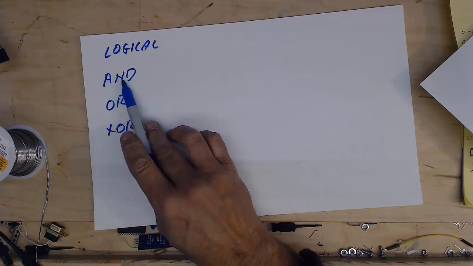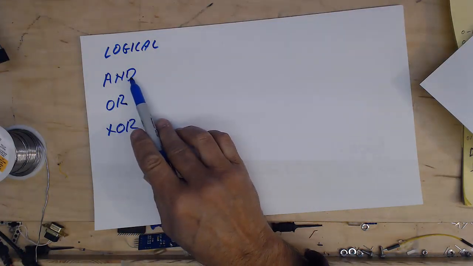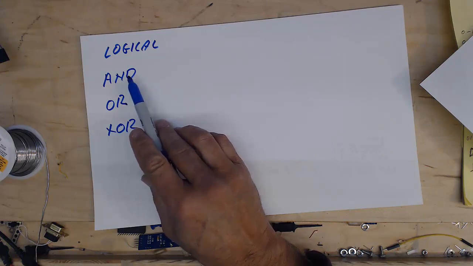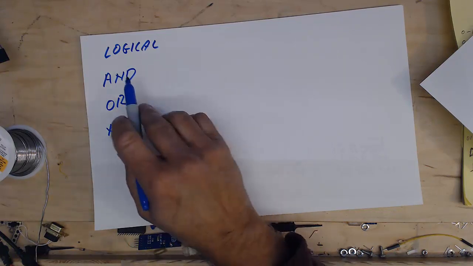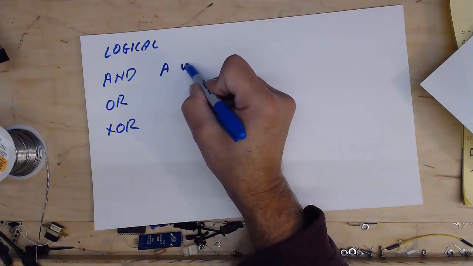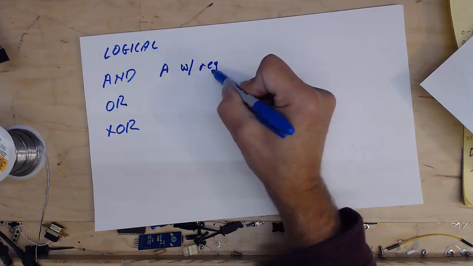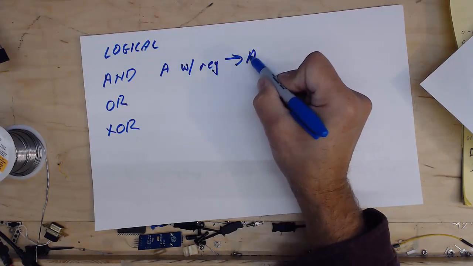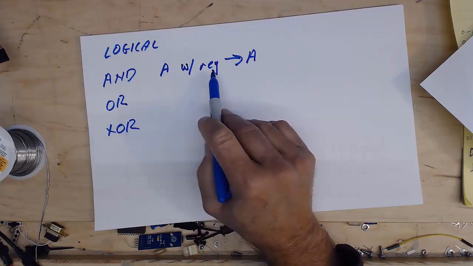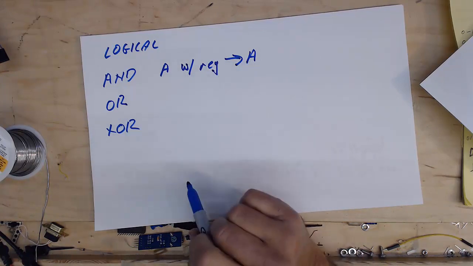In all cases, we're going to be doing this with another register or immediate data, and the answer is going to go into the A register. So an AND instruction means AND A with a register and put the answer into A, or AND A with immediate data and put the answer into A.